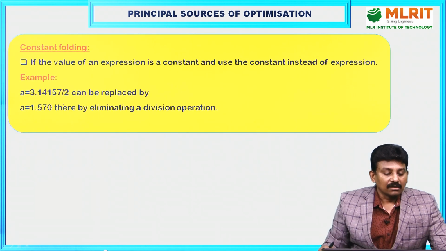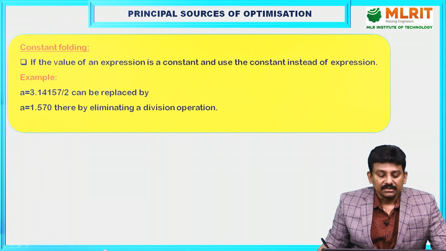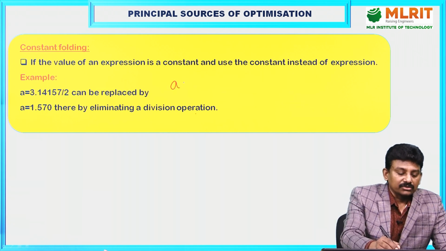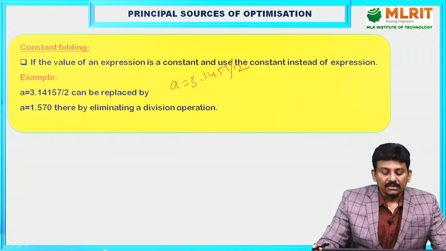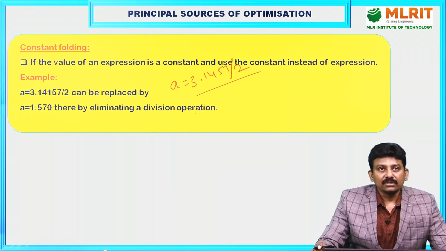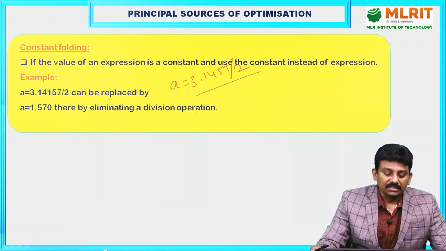Next, constant folding. If the value of an expression is constant, use the constant instead of the expression. For example, a is equal to 3.1457 by 2. Here a division operation is performed in the expression computation. So this is a constant expression.